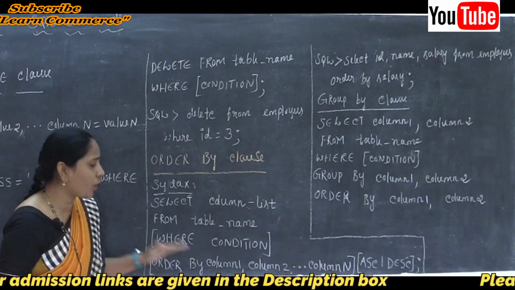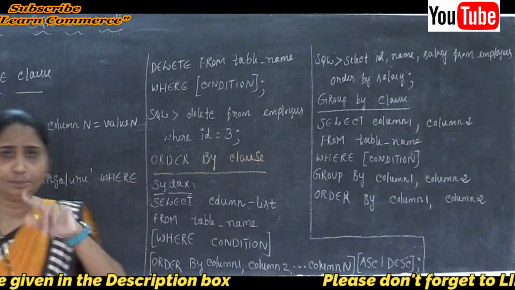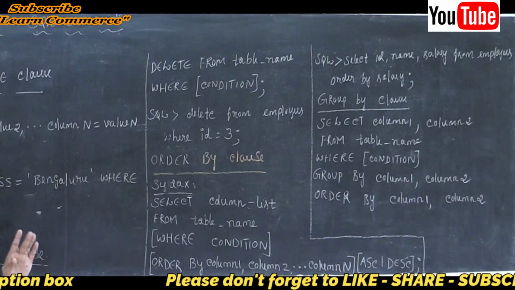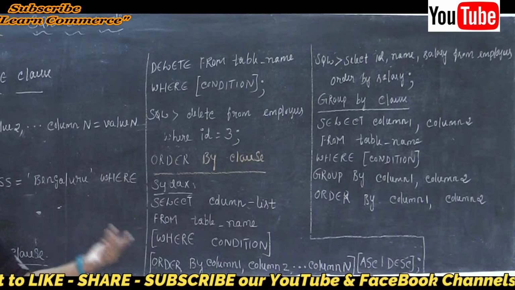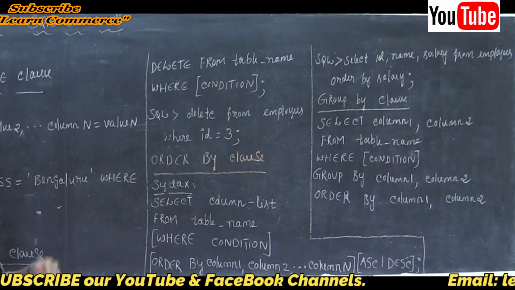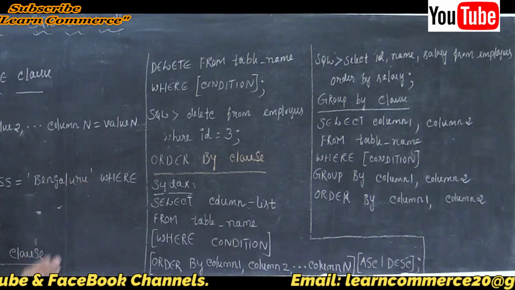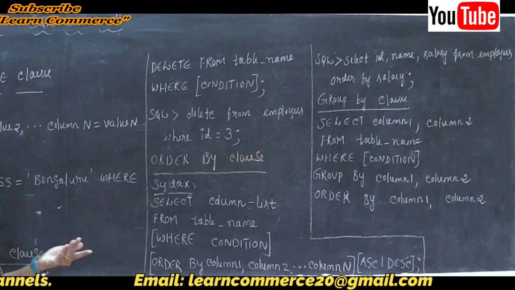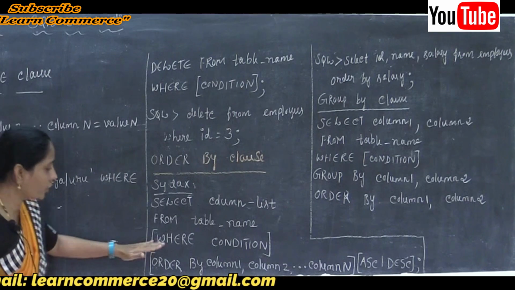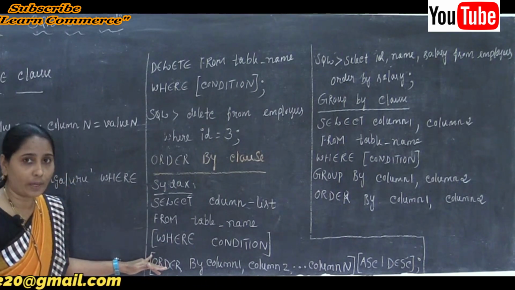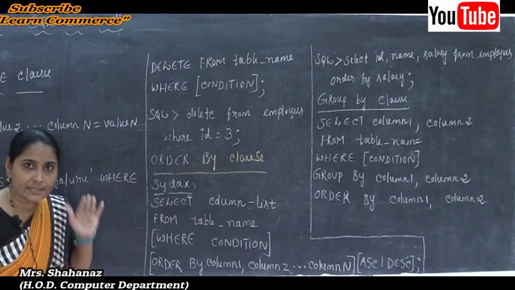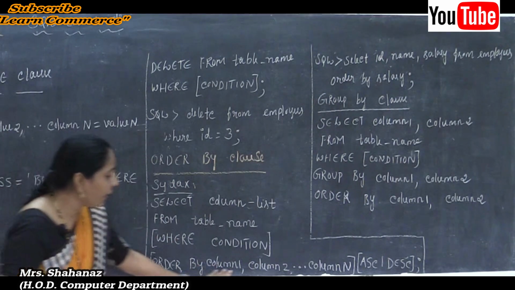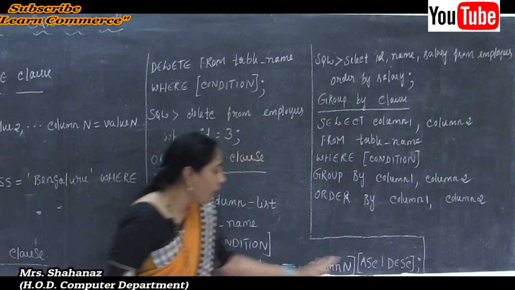Why? Because whatever I have written using square brackets comes in the optional part. So if you want, you can select it, otherwise you can write the example for the order by clause without it. You should remember that whatever I use in square brackets is optional. Order by column 1, comma, column 2, column n.